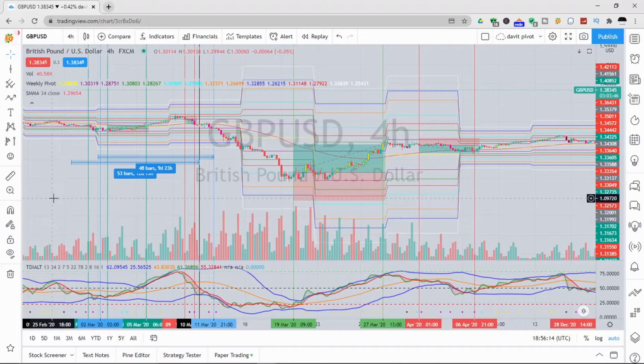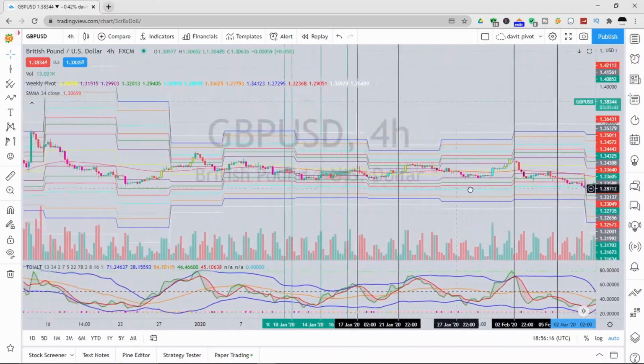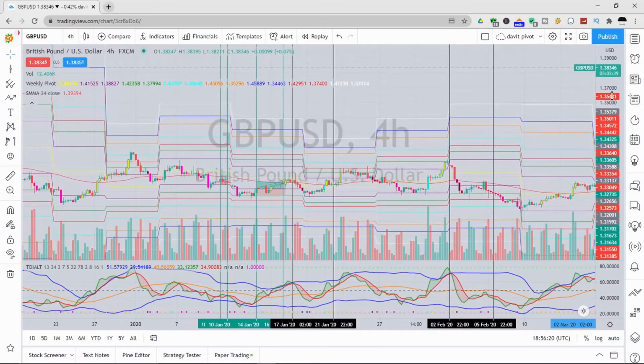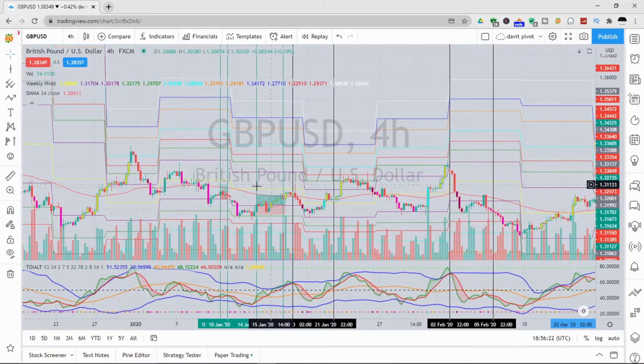I'm going back to the beginning of 2020, and if you don't know TradingView, I used the long position and short position rulers to measure out what would be a gain or a loss.